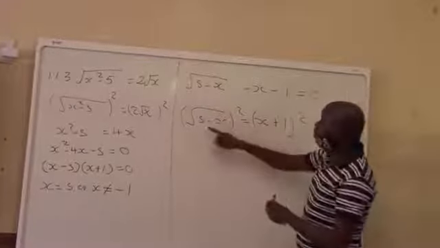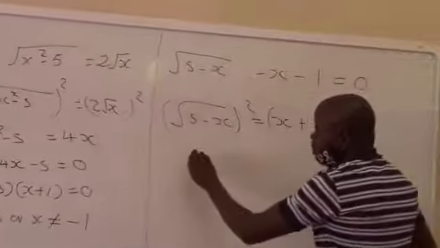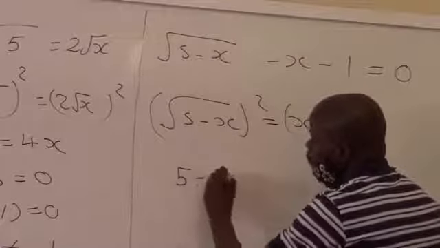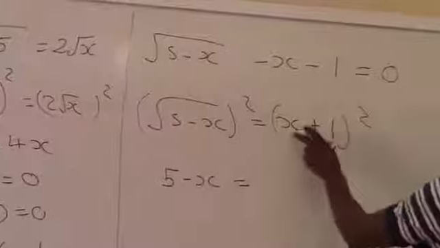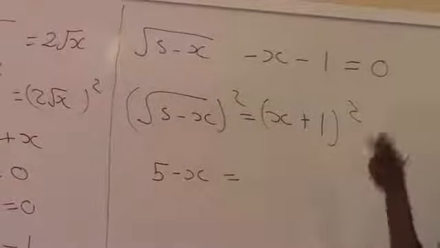So the square root of 5 minus x squared, now the square root is taken off by that square, and then we remain with 5 minus x is equal to x plus 1 times x plus 1.